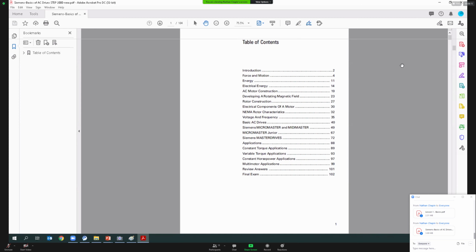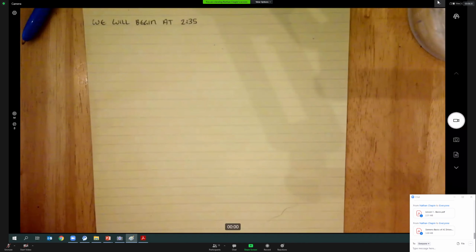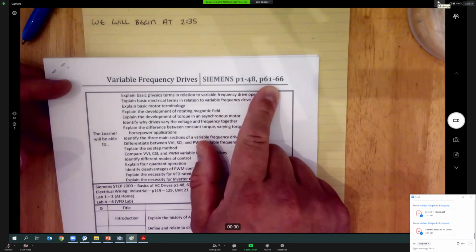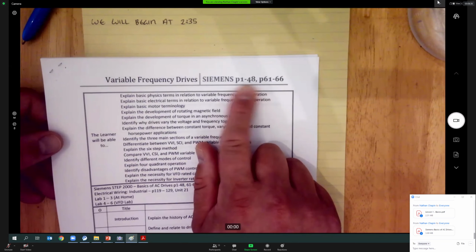However, one thing to note is that wherever it says MicroMaster and MIDIMaster, those are actually Siemens brand drives. What you'll notice is in my lesson plan, I reference the page numbers for the book. Those page numbers, you want to stick to if you are reading through this on your own.